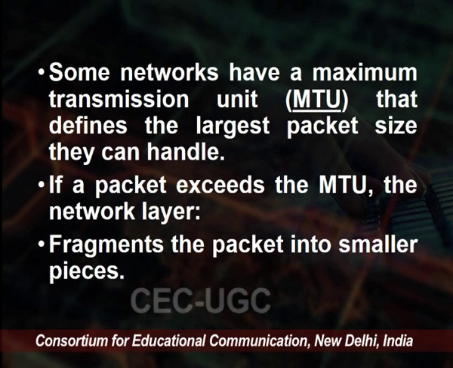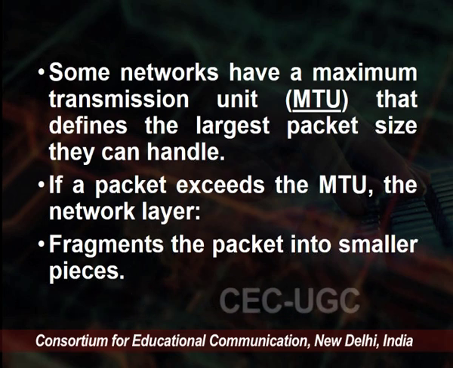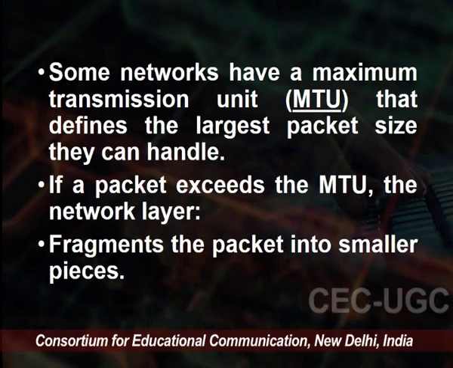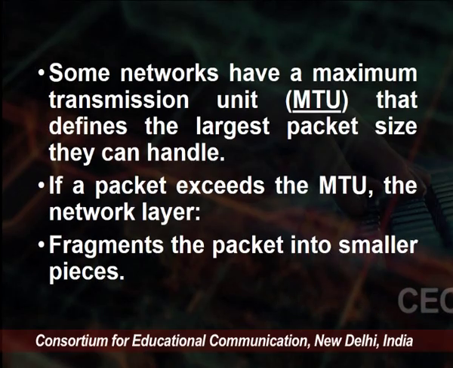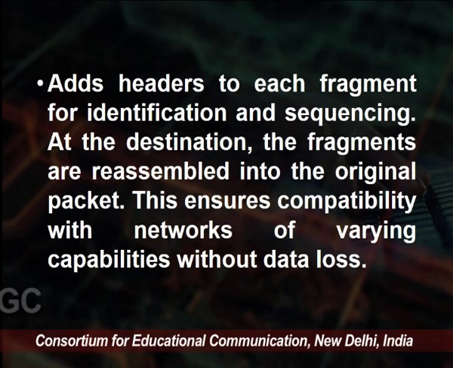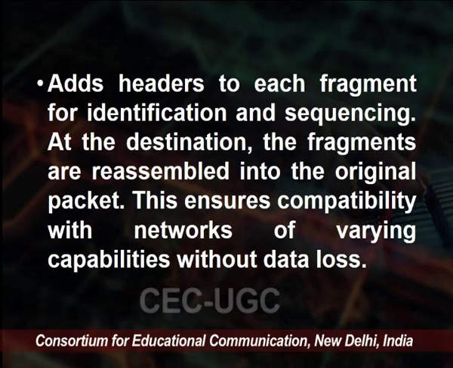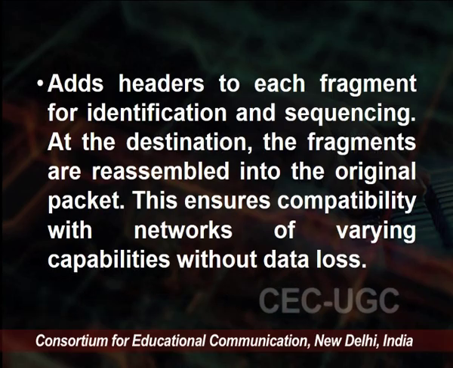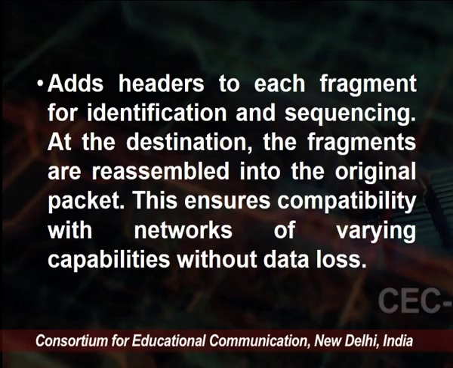If the packet exceeds the MTU, the network layer is going to fragment the packet into smaller pieces, and then those pieces will be given additional information, which we can say is a header.